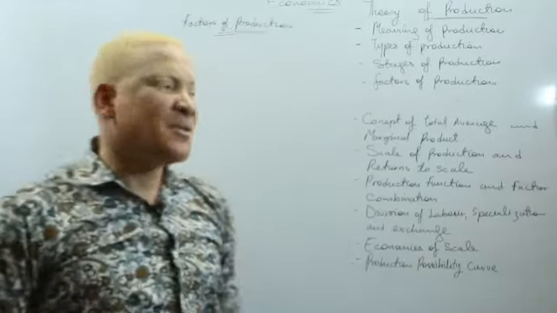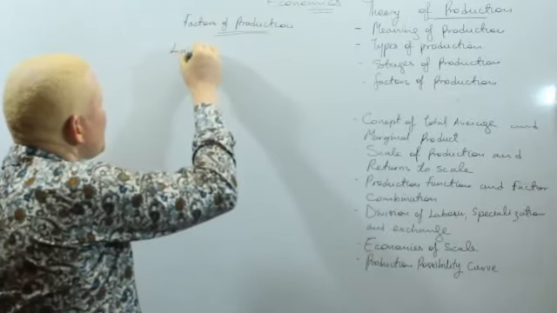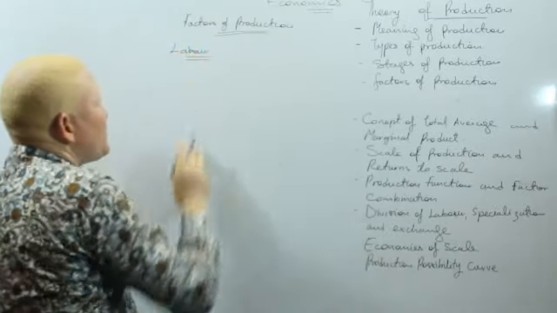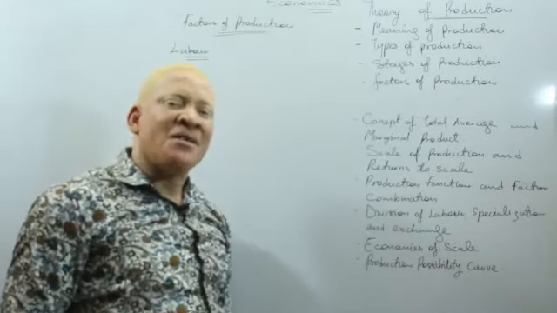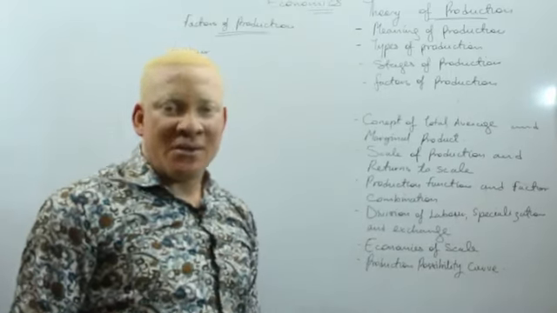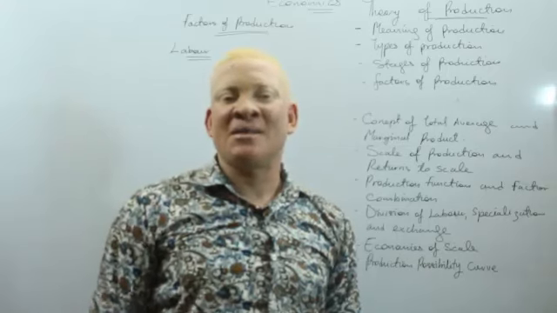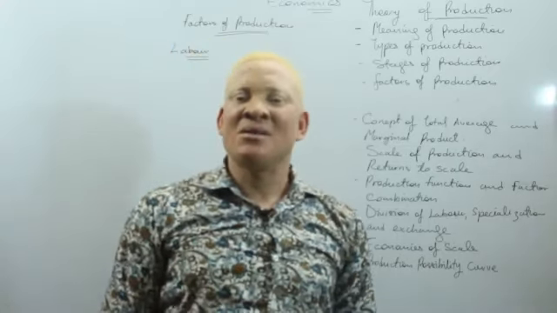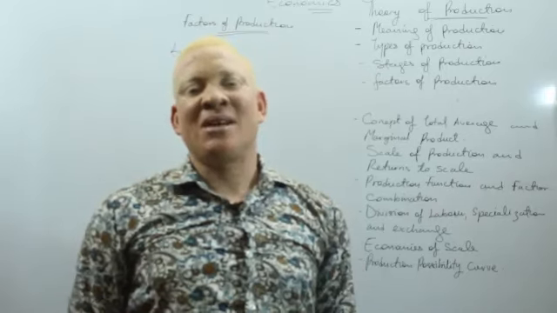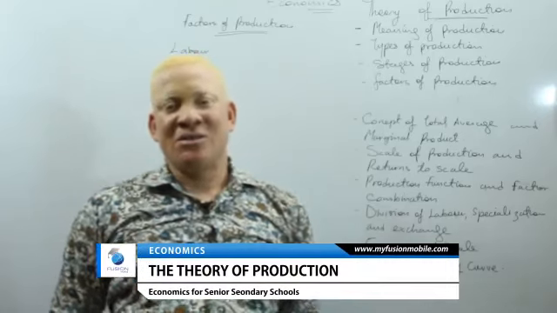Now, the next factor of production we have is labor. Labor as a factor of production is looked at as every human effort, every skill that is directed towards the production of goods and services, directed towards making sure that goods and services are produced and taken to the consumers.